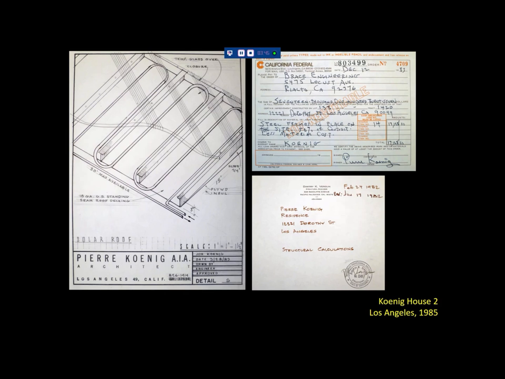It tells you when it was done. It tells you that it was done in 2 parts and so on. And then there's all the construction reports and the structural calculations, such as this one by Dmitry Vergun that you can see here, February 1982, for the same house. So we've got at least a 3-year design period from the construction report to the completion, if not longer.